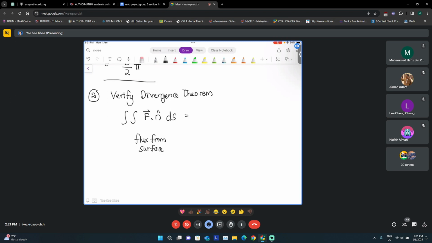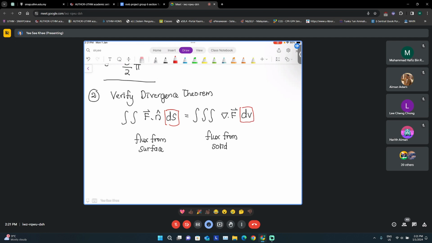And the divergence theorem, you calculate the flux from what? From the solid. So this is the formula, the flux from the solid. So we could say that the divergence theorem is actually a transformation from the surface integral to the volume integral.